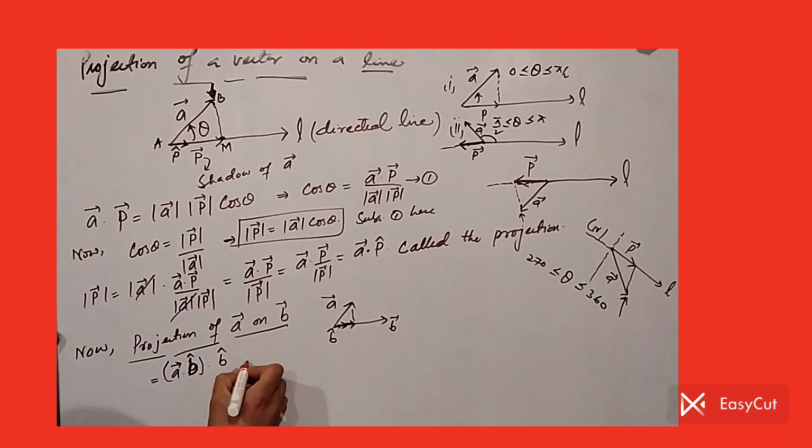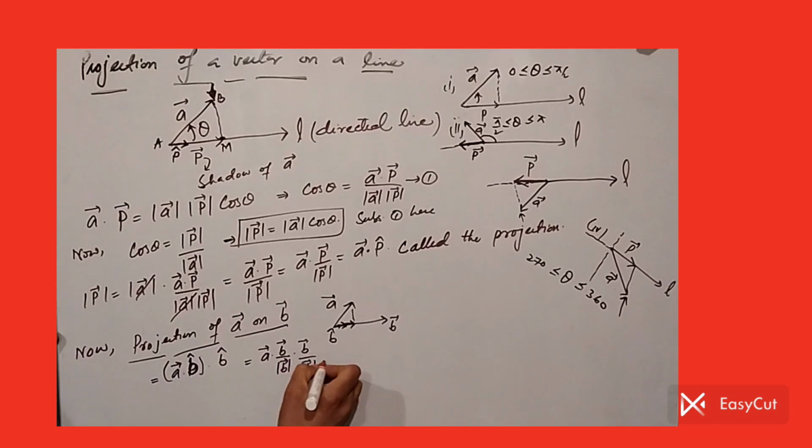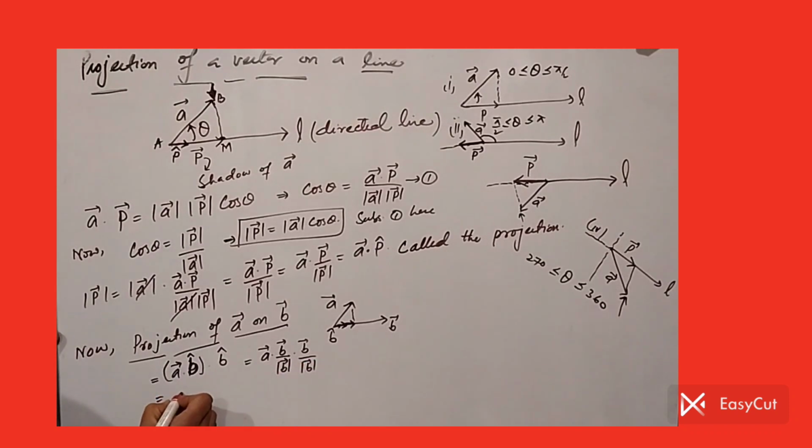That is equal to vector A dot vector B divided by magnitude of B, by the definition of unit vector, into vector B divided by magnitude of B. That is equal to A dot B, the dot product of vectors, divided by magnitude of B whole square, dot product with this vector.